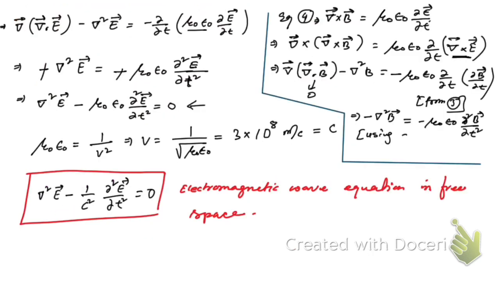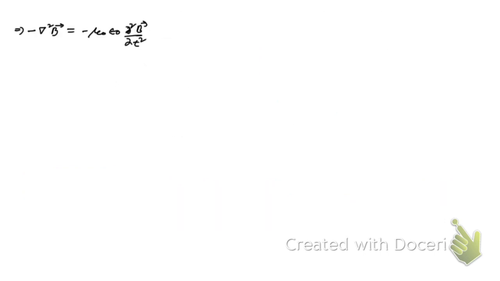So using equation number 2, now you see again minus minus cancels, so this equation becomes del square B minus mu naught epsilon naught second order partial derivative of B with respect to T is equal to 0.